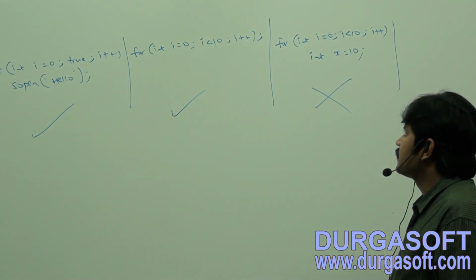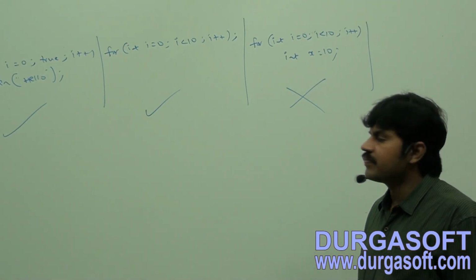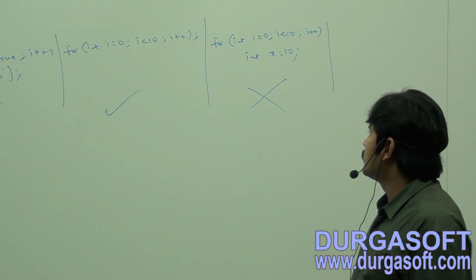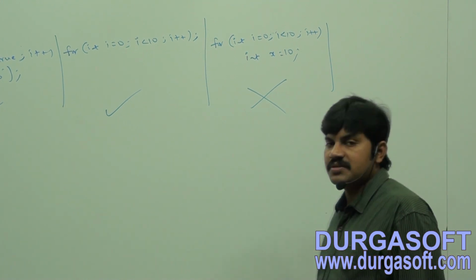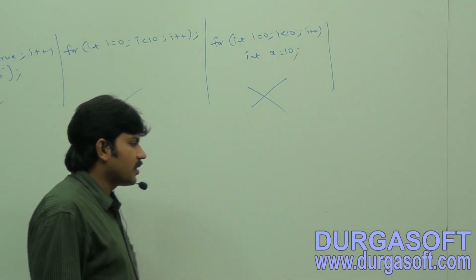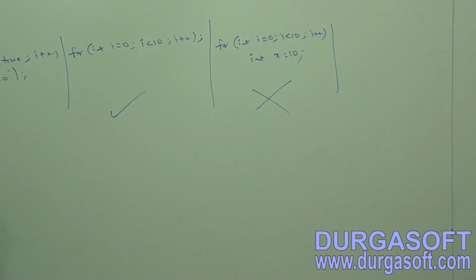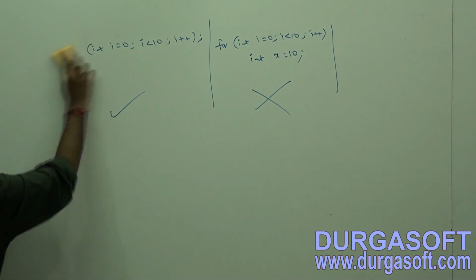Next, for int i = 0, i < 10, i++, int x = 10 itself is invalid. Completed, I hope.